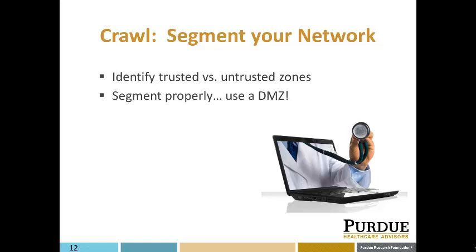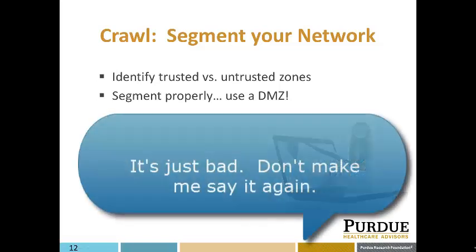If they were to plug into the wrong port and they are now magically on your trusted zone, that introduces a great deal of risk because you don't know anything about that device. It could be infected with malware, it could have a Trojan, it's just bad.